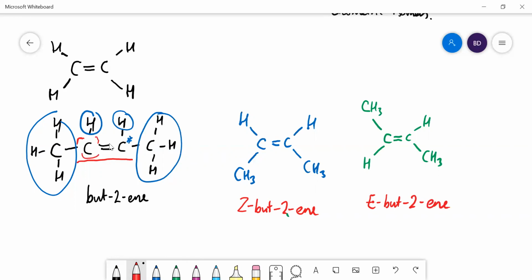Okay, so I'll have a look at a few more examples, but what I recommend you do is, when you go from this sort of linear way of representing the molecule, you redraw it to show the trigonal planar carbons.